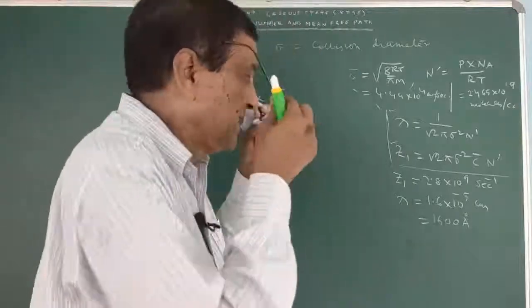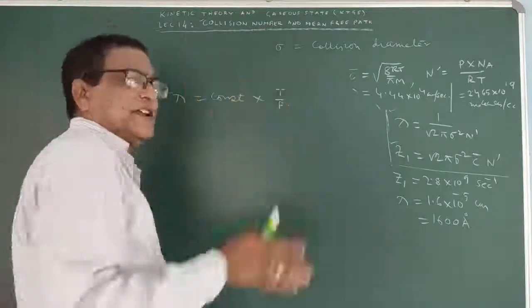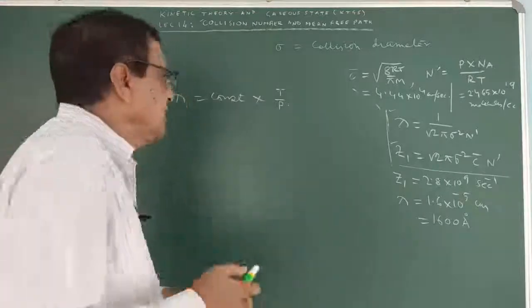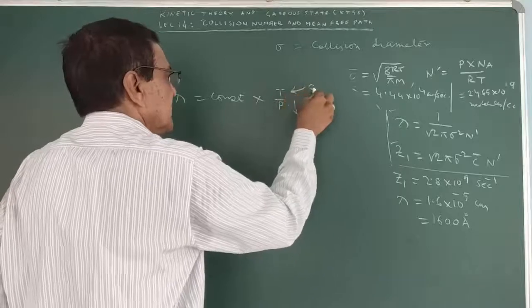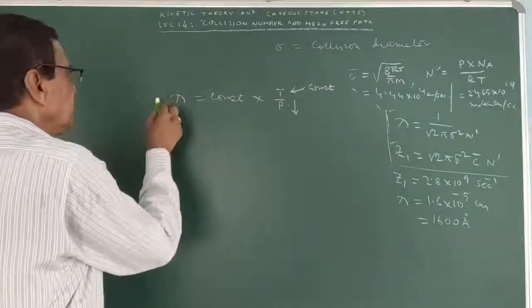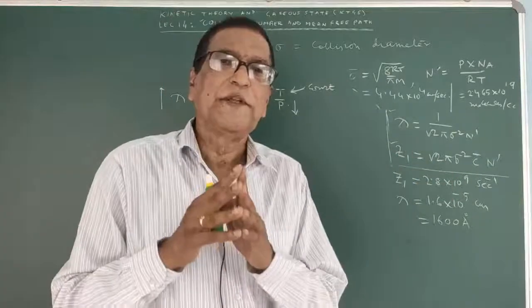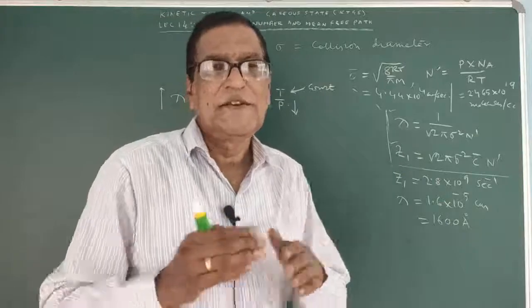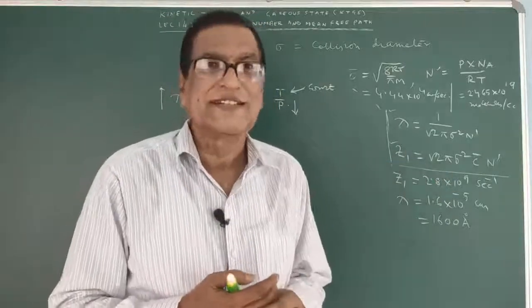But whenever the temperature is fixed and pressure is increased, lambda will decrease. If we lower down the pressure, then lambda will increase. With the lowering of pressure, the mean free path will increase, meaning it can move a large distance without suffering any collision.